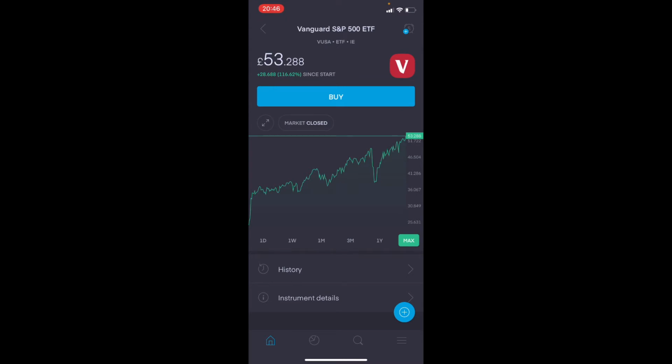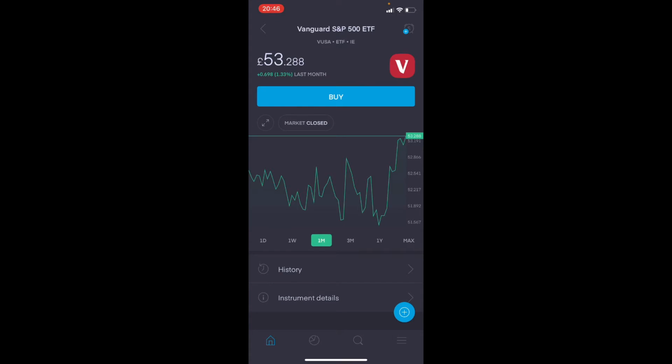So the S&P 500 is the top 500 companies in America, and the advantage of buying a share in this ETF is that you're spreading your £53.28 across 500 companies. If one of them went bust, the 501st company would take their place. So it's far less risky, but obviously the profits are potentially not as favourable as investing directly into a company.